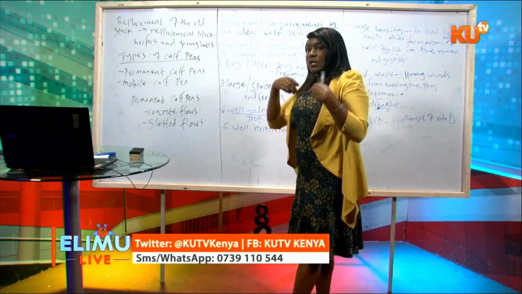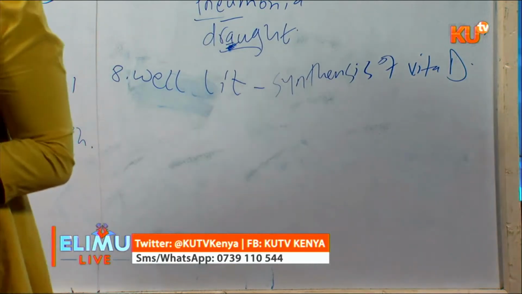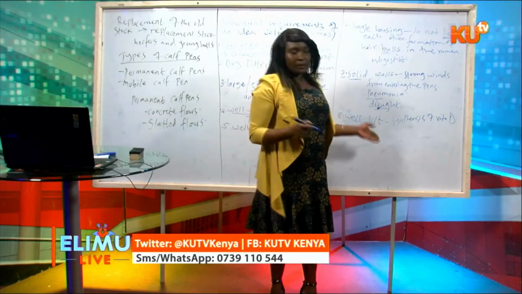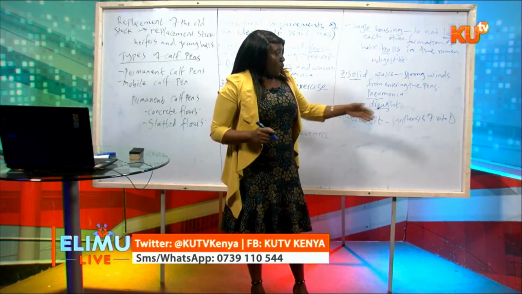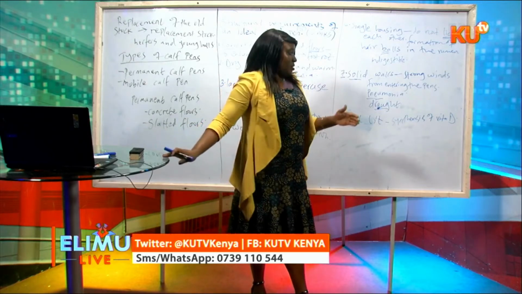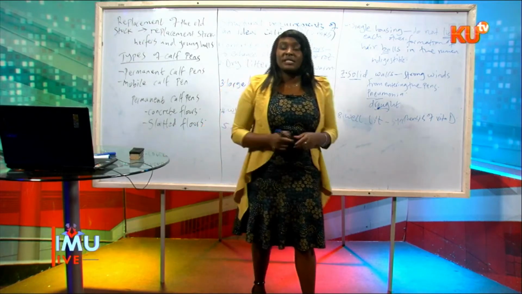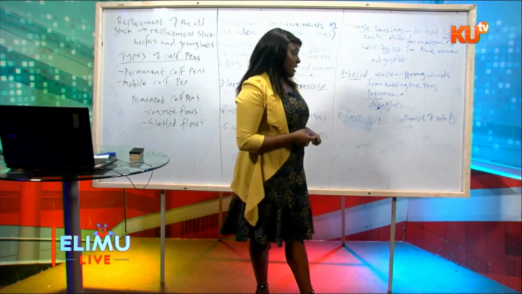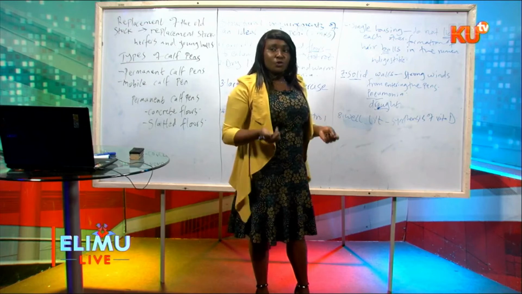And again, I would like to pose a question that I'm expecting a response to on the SMSs. The deficiency that is brought about by lack of enough vitamin D. Deficiency of vitamin D causes which disease, whether to livestock or to human?